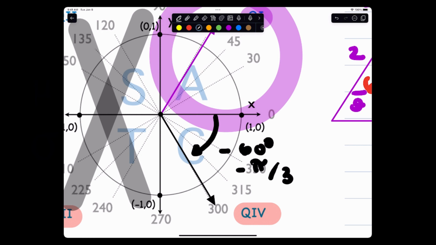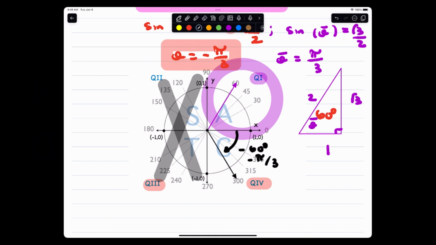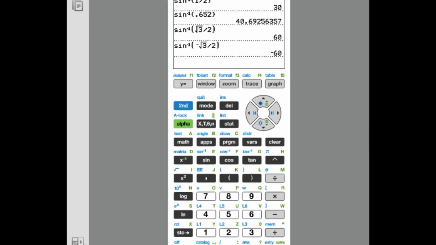So there's one quadrant where the function will be positive. The other quadrant, the function's negative. And for inverse sine, you do allow for negative angles. And that's why your TI calculator said negative 60, ladies and gentlemen. You see my point? You threw out some quadrants. That's the bottom line.